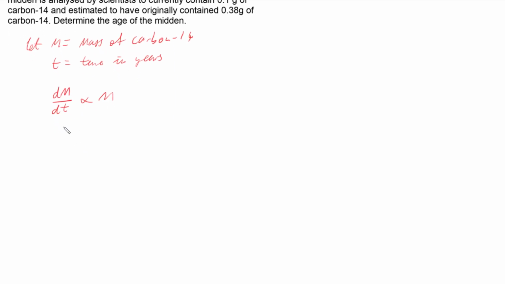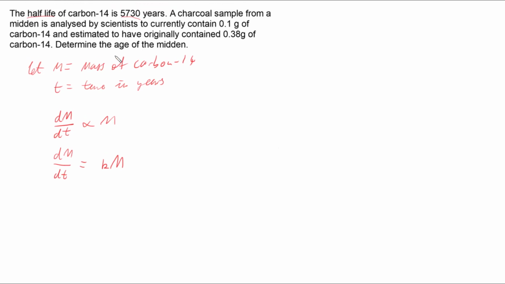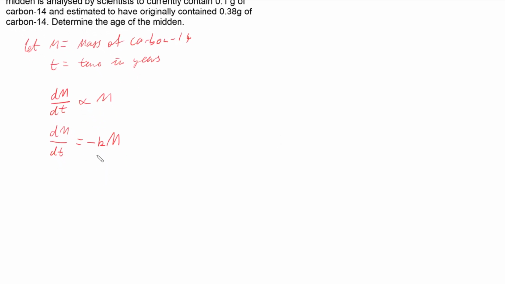So dM/dt is going to be some constant k times the mass, but because we're losing mass, it's going to be negative. So we're losing mass proportional to how much mass we've got, and this gives us a differential equation.